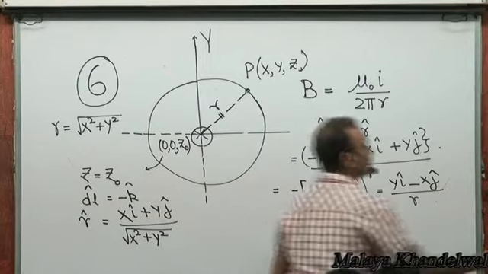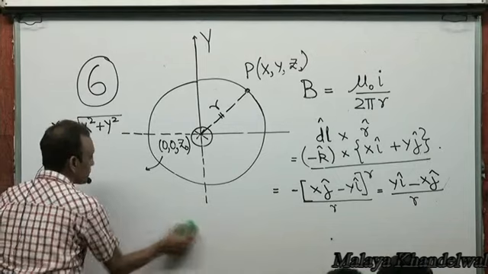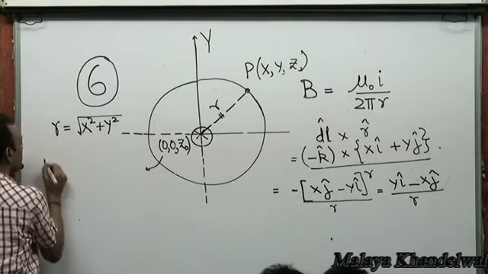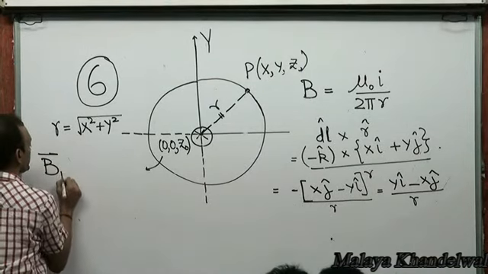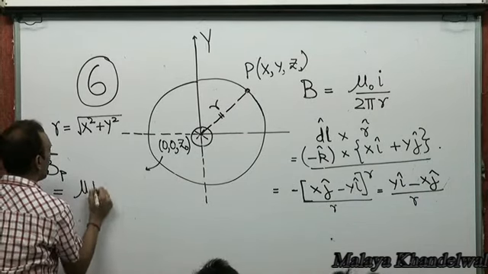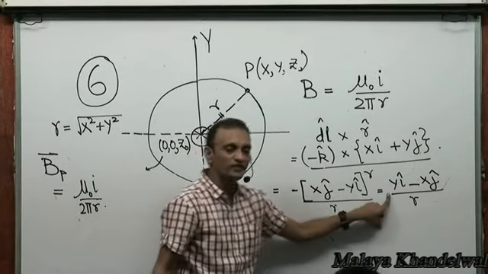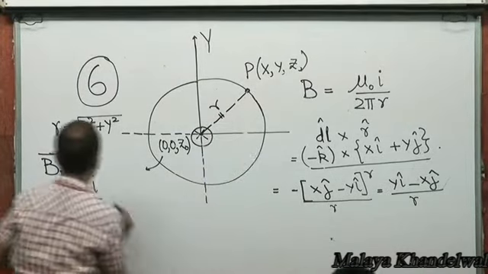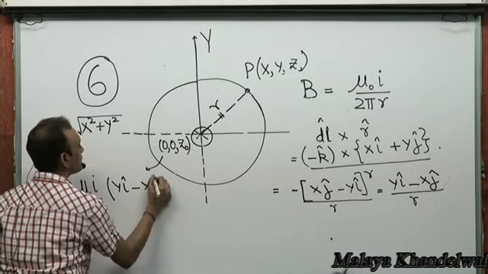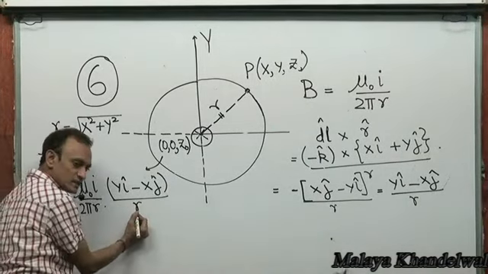So then, the B vector at this point P is going to be the magnitude of B, which is mu naught I divided by 2 pi r, into a unit vector along dl cross r, which is y i cap minus x j cap divided by r. R square is x square plus y squared.